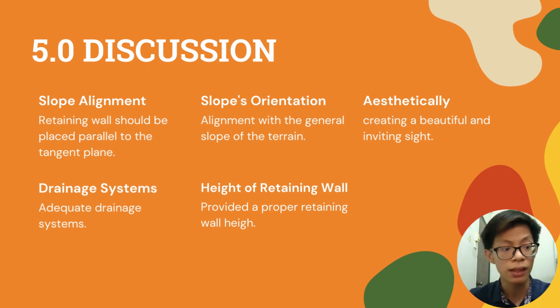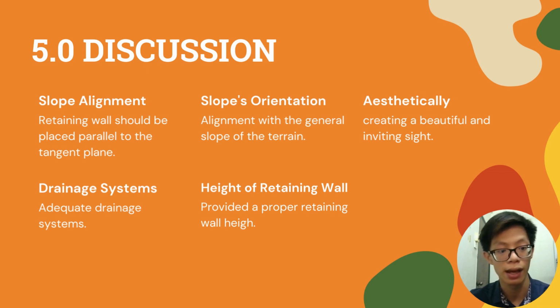Next, the tangent plane can also be used to shape the retaining wall's visual appearance. By matching the retaining wall with the tangent plane, a smooth and natural transition between the wall and slope is made possible. The wall seems to blend in with the surroundings by following the natural shape of the landscape. This style allows the retaining wall to blend in with the surroundings, providing an attractive and inviting appearance.